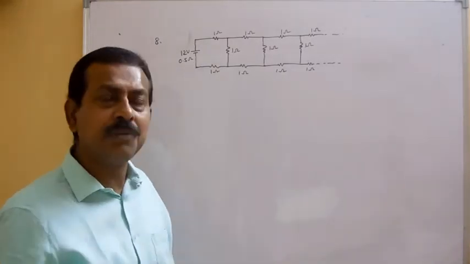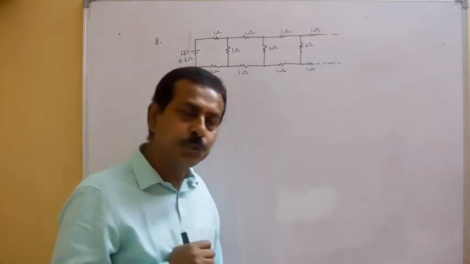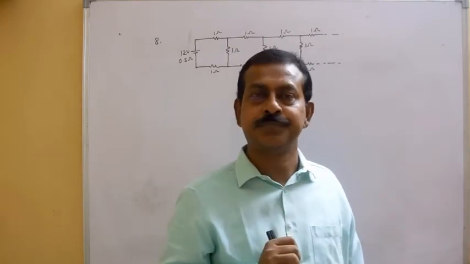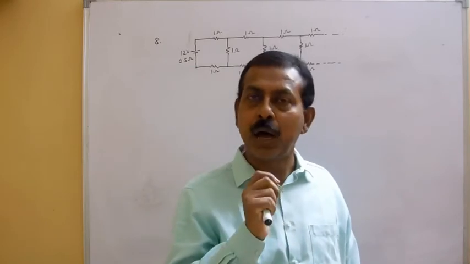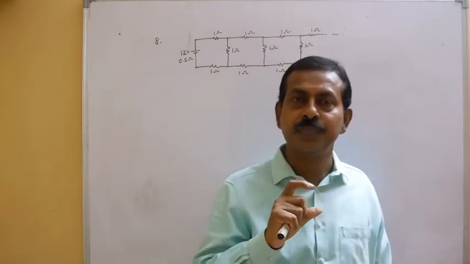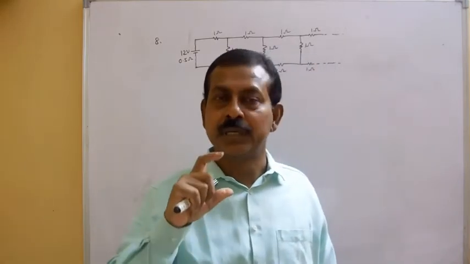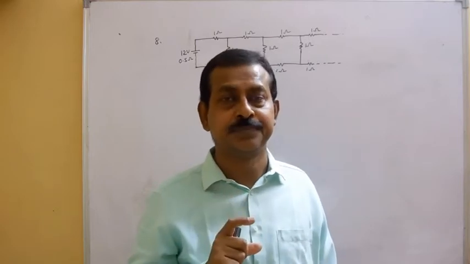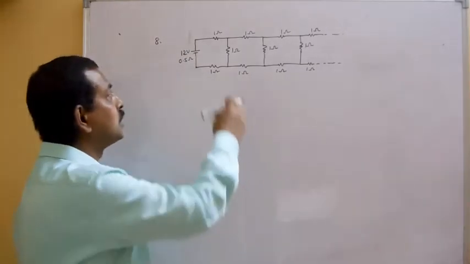For solving this type of infinite unit network, we try to remove one unit, and by removing one unit, our aim is to see whether after removing that unit, the given network is the same as the original or not. This is the network.